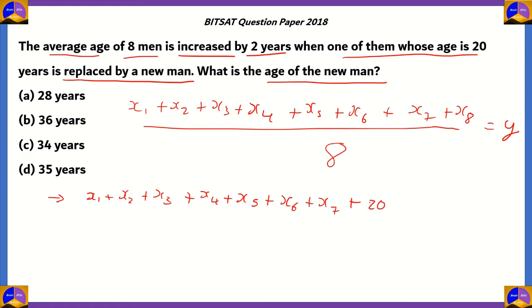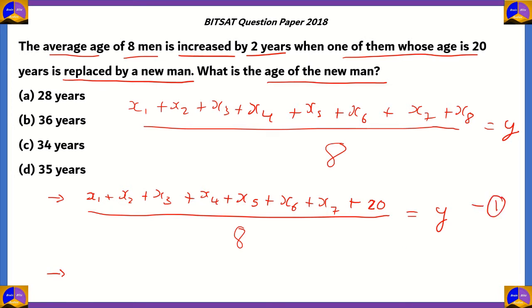So just add 20 and then divide that by 8, and you'll get y as the average. We don't know the exact average yet, and we don't need to for this question. You'll see what I mean when we write the second equation. So this is equation 1.